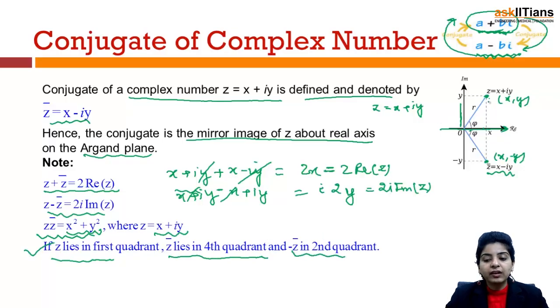This we have already seen that z bar, that is the conjugate of z, is the mirror image of z about the real axis on the Argand plane. So if your z lies in the first quadrant, your z bar, that is the conjugate, will lie in the fourth quadrant, like we have seen here, and minus of z bar will lie in the second quadrant.